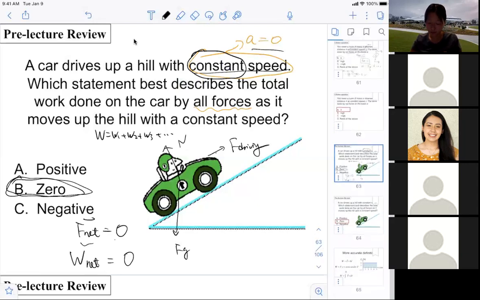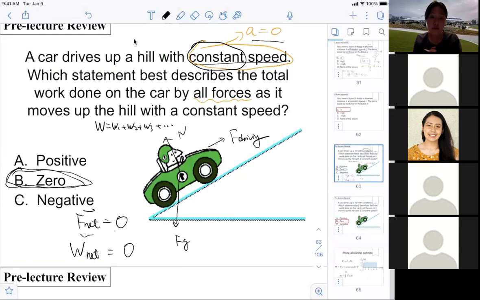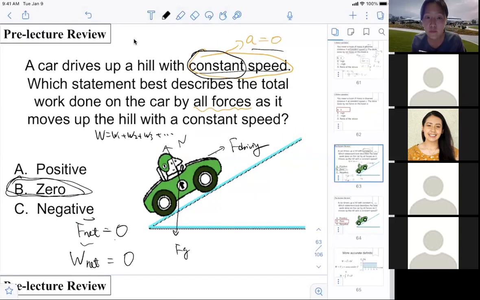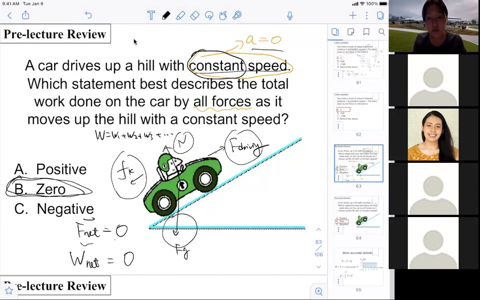Professor, I wanted to ask, for this particular problem, how come we wouldn't include the frictional force? There might be friction too. I didn't write it because I just want to show there are so many different possible forces involved. It's so complicated, so we chose to go this method.